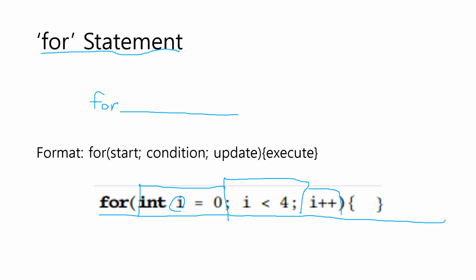Then we would update the value of I. We would add 1 to the I value and run the code again with I being 1 now. We would do that again and again, each time updating the value of I until I becomes 3.